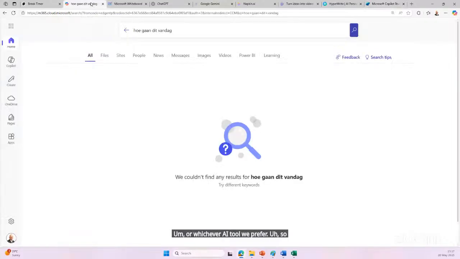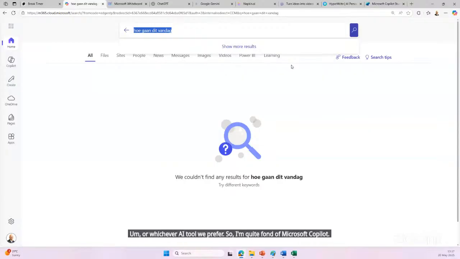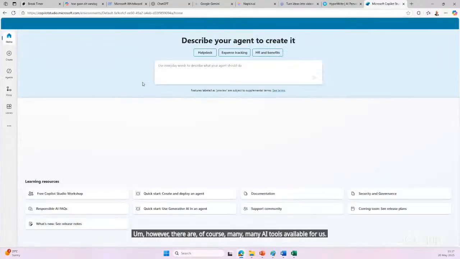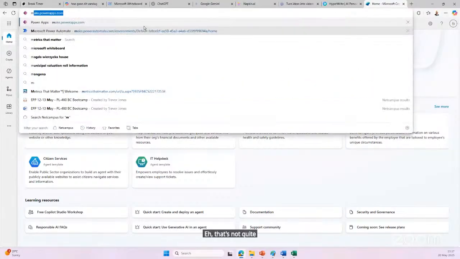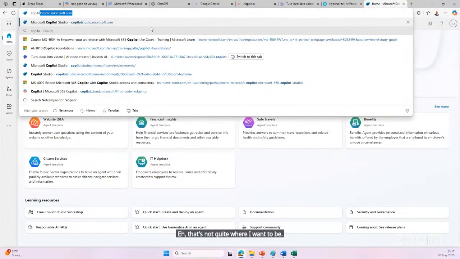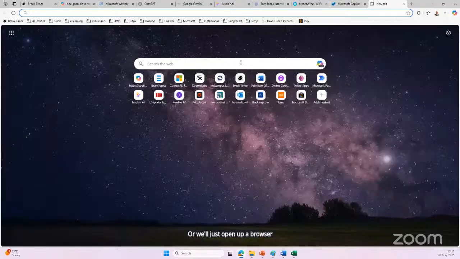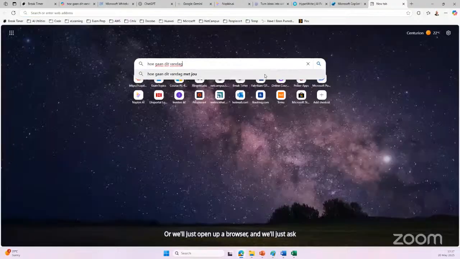I'm quite fond of Microsoft Copilot, however there are many AI tools available for us to ask questions from. Whoops, that's not quite where I want to be. We'll just open up a browser and ask Copilot a question like that.